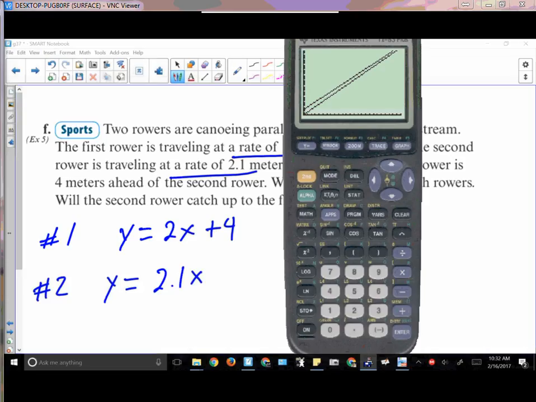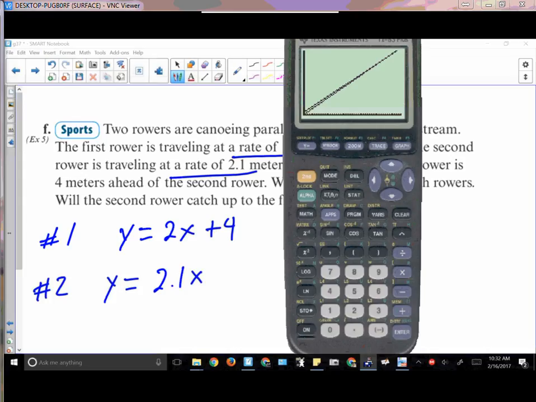So is the second one getting closer? But I'm going to have some more. So I'm going to move this, say, out to 50. And I am going to move this up to, say, 100. And graph. Okay. So there's the first line again. There's the second line. Looks like they hit someplace, right?